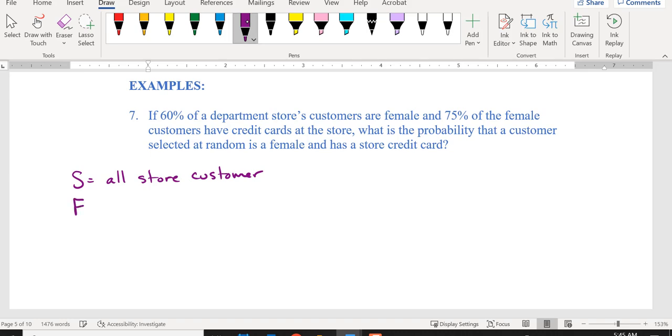We're going to let event F be the event that contains all the female customers, and let C be the event that contains the customers with a store credit card.